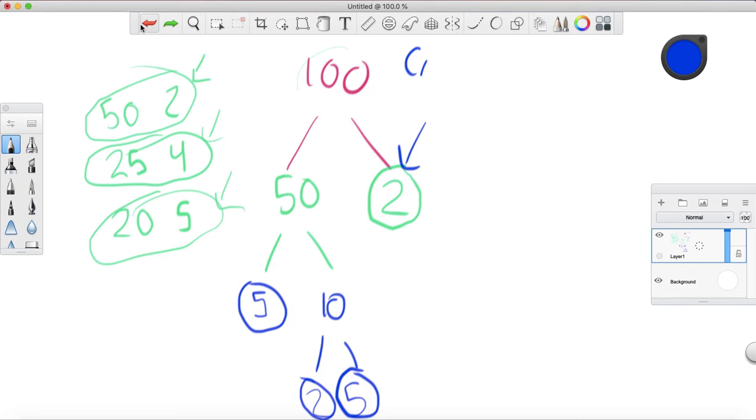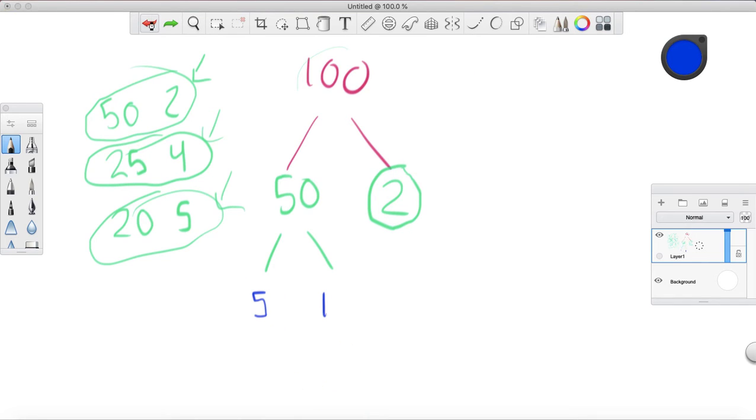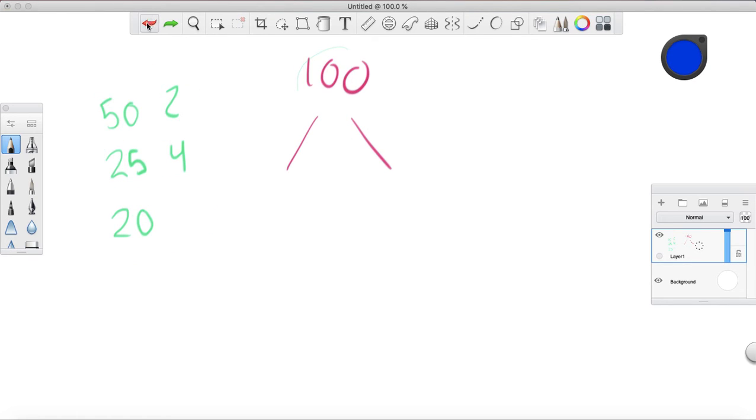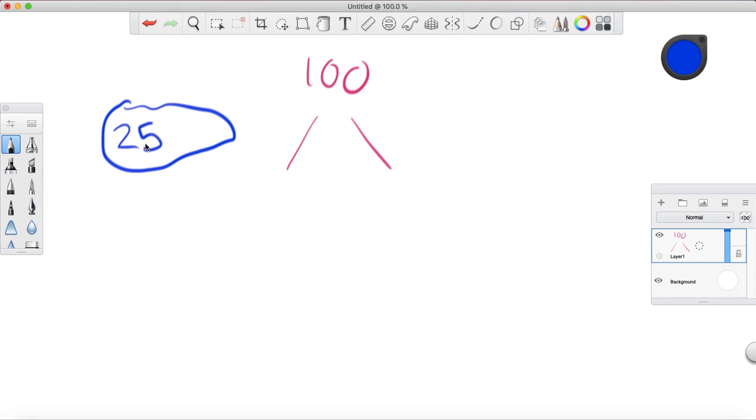Okay, now let's look at 25 and 4. Now what I want to reveal is actually pretty cool. It's a pretty cool trick that all the factors of a number actually end up with the same exponents at the end. Like I have 25 and 4, which I'll show you.